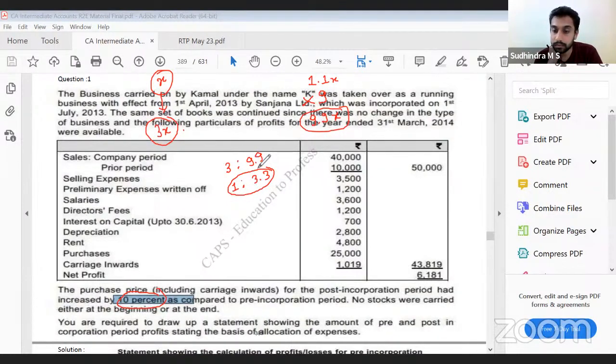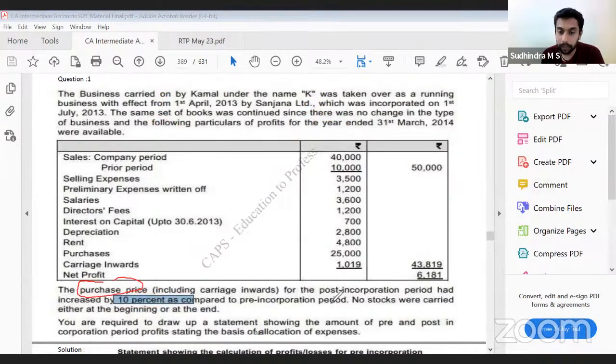So shouldn't we take it on the basis of sales? Why? Because purchases depend on sales. Purchase price for the post-incorporation period had increased by 10% as compared to the pre-incorporation period. So you're saying it's not the quantity that has increased, only the price. Going with that, yes, you can go with the 1:4 ratio.